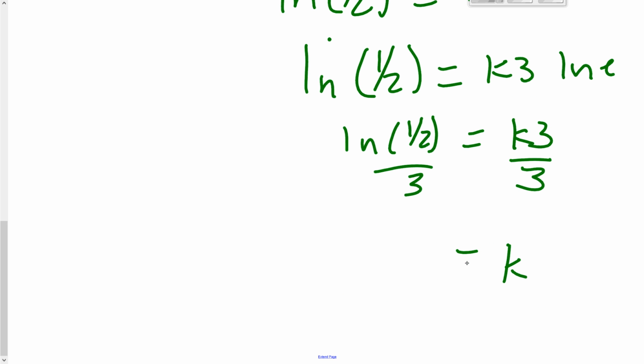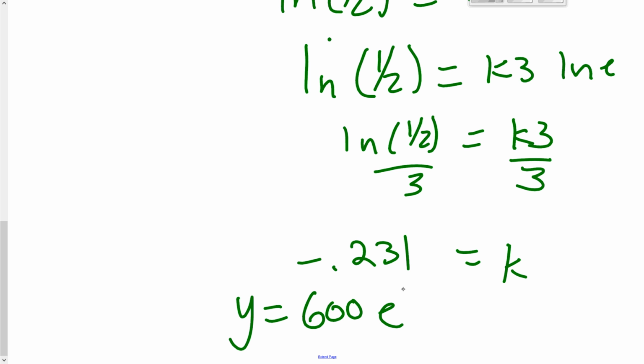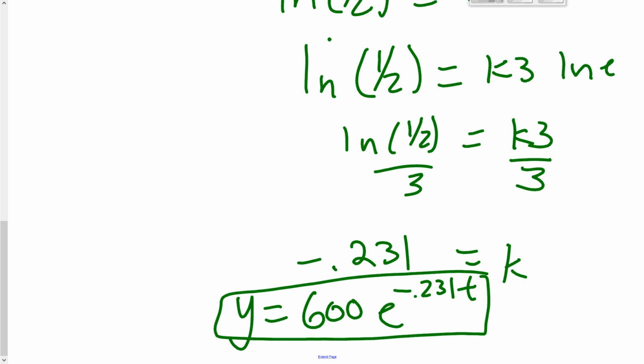So our K is going to be negative, because we've taken ln of 1/2, and ln of 1/2 divided by 3 is approximately negative 0.231. So there's our K. Then our equation is y equals y sub 0, our initial amount, which is 600, times e raised to negative 0.231 times t. So there's our equation.